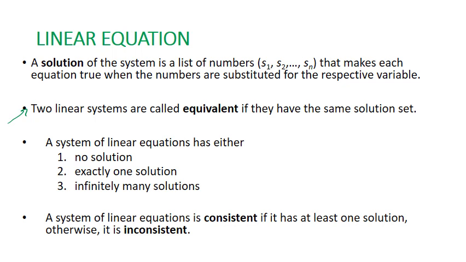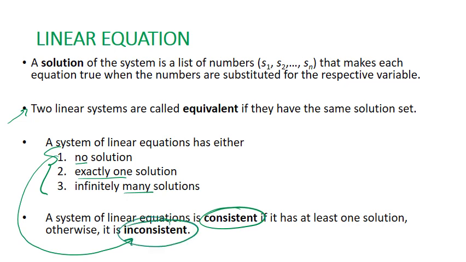You may also remember when dealing with systems that there can either be no solution, exactly one solution, or many solutions. And we will experience all of these cases. If a system of linear equations has at least one solution, we refer to it as being consistent. Otherwise, if there are no solutions, we say that it is inconsistent.